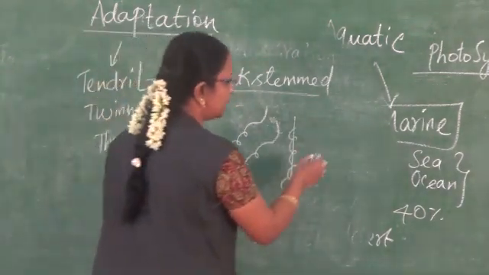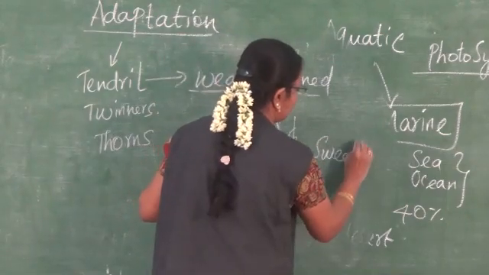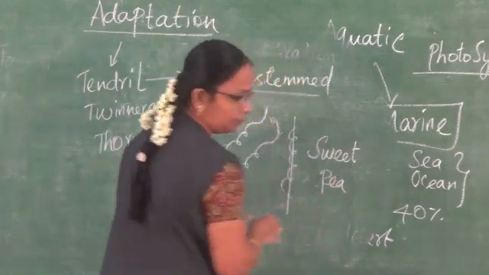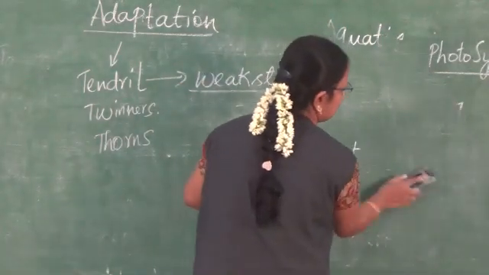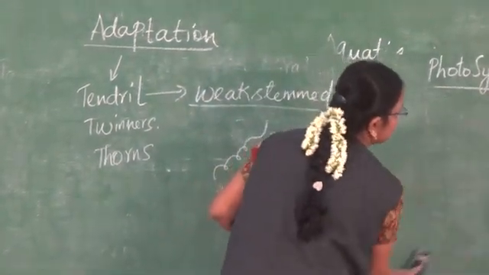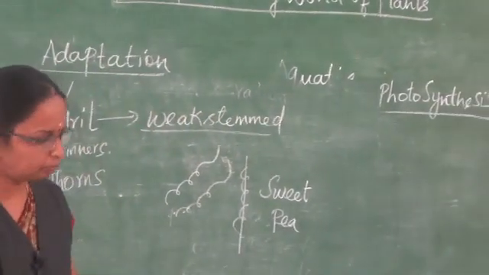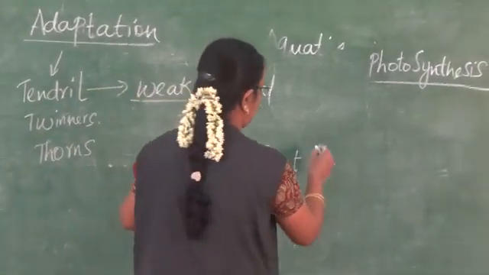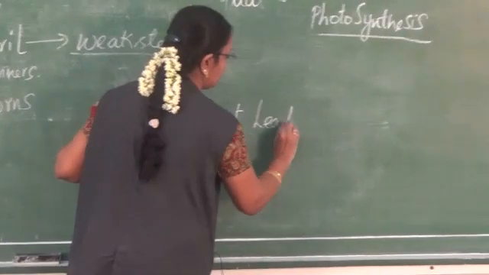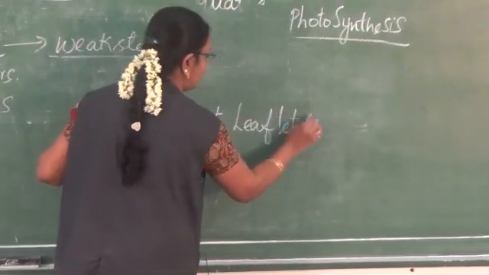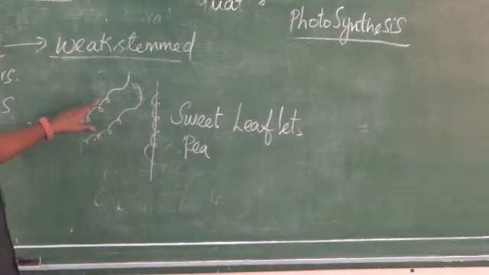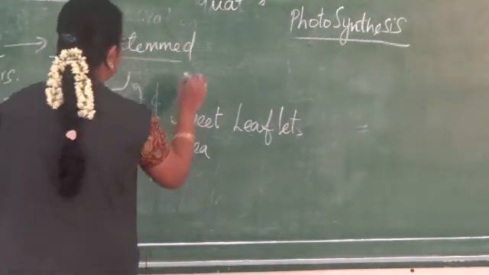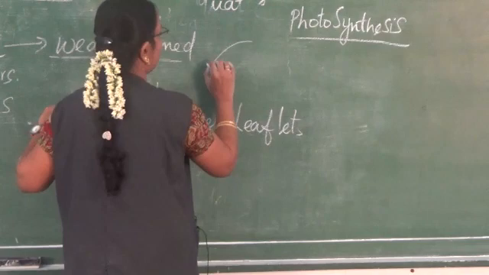Example, sweet pea. In this plant, the leaflet becomes a tendril-like organ. Leaflet means, we can see a single leaf in banana, isn't it?